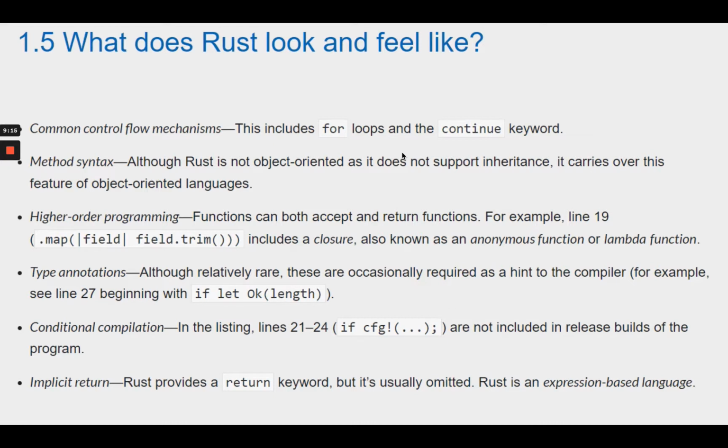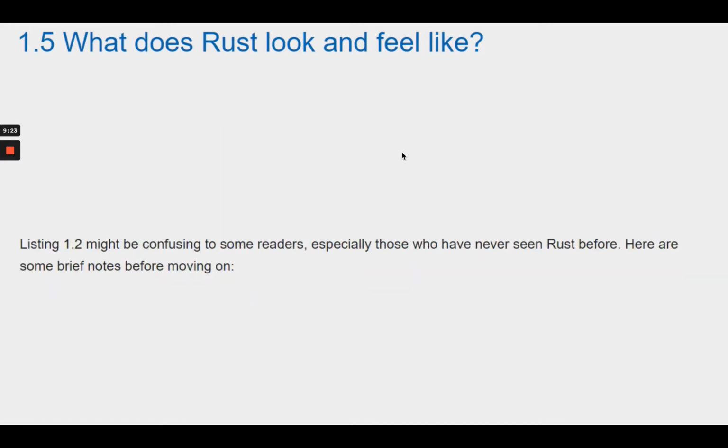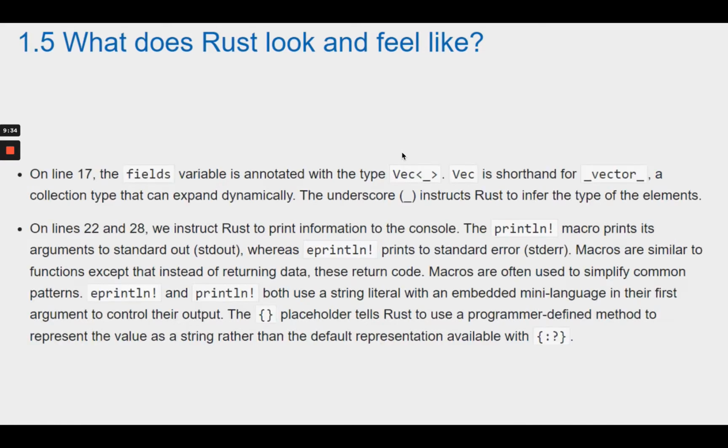Implicit return. Rust provides a return keyword, but it's usually omitted. Rust is an expression-based language. Listing 1.2 might be confusing to some readers, especially those who have never seen Rust before. Here are some brief notes before moving on.